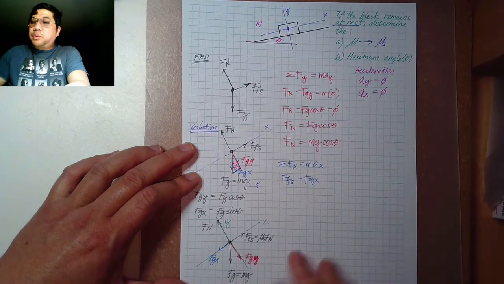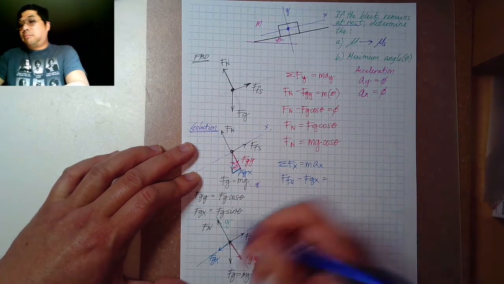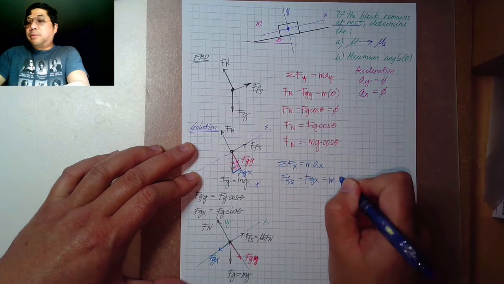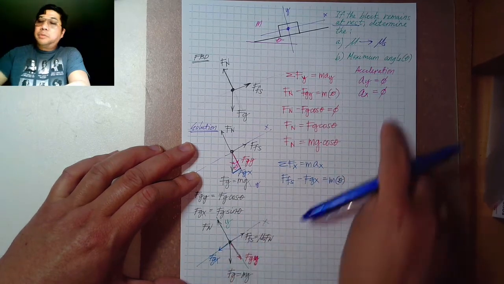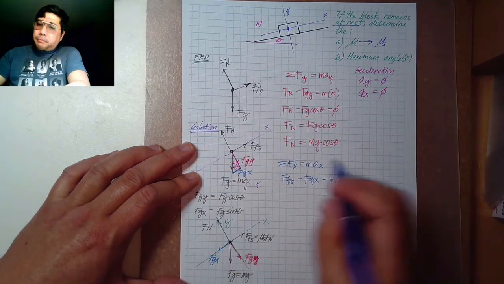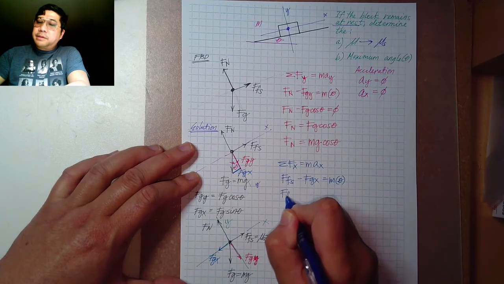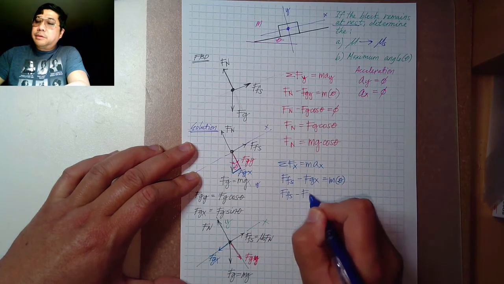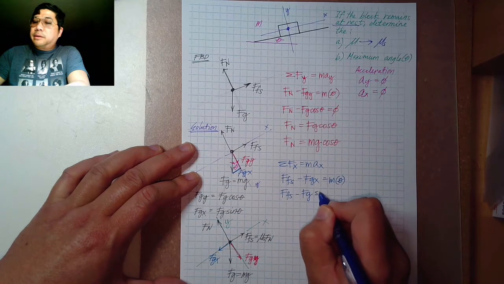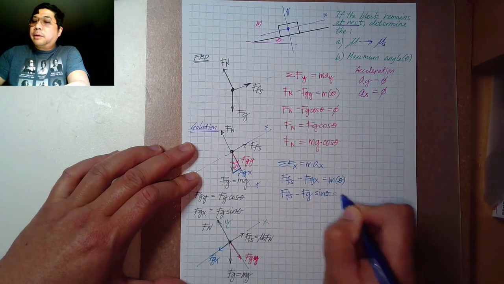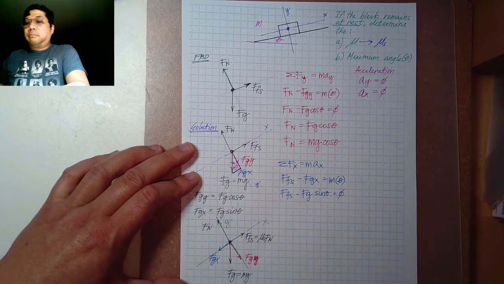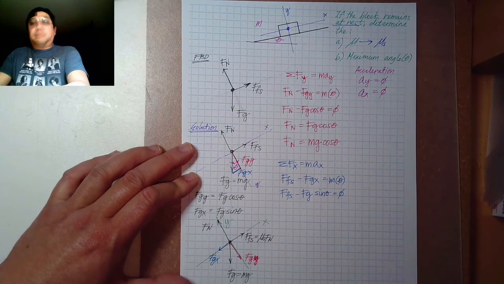There are no other forces acting along the x-axis, so that's mass multiplied by 0 since there's no acceleration. So you can say that Ffs minus Fg multiplied by sine theta is equivalent to 0.